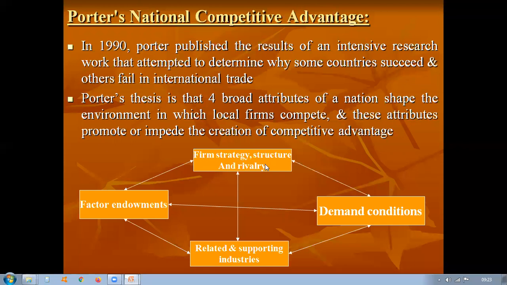Obviously, when there are so many suppliers of these resources to the big industries, they take care of the quality of the input and also the prices. The availability of high quality inputs at lower prices in the domestic country enhances the competitive advantage of the firm internationally.